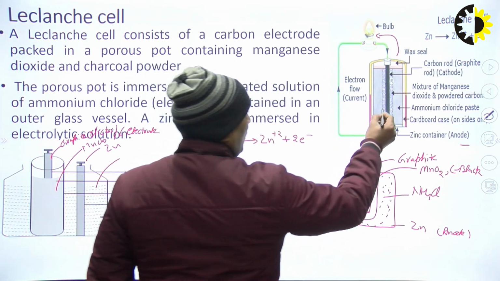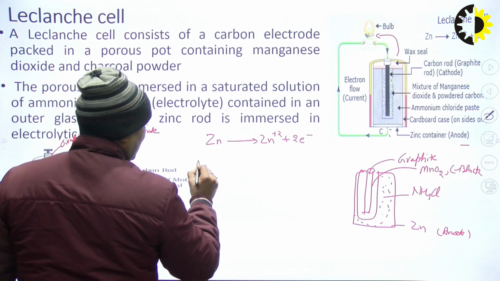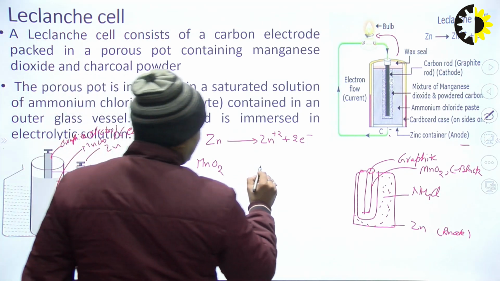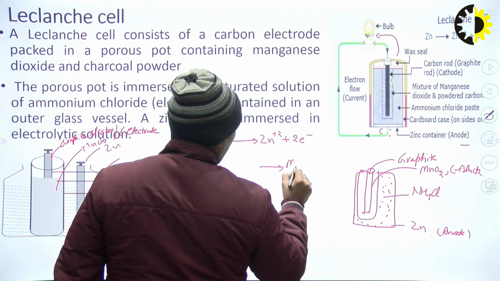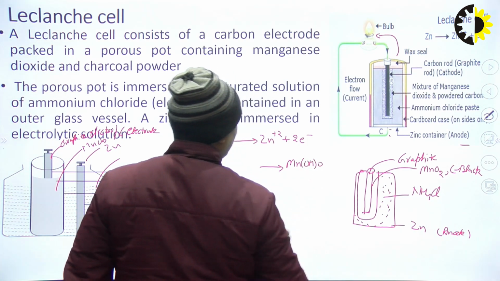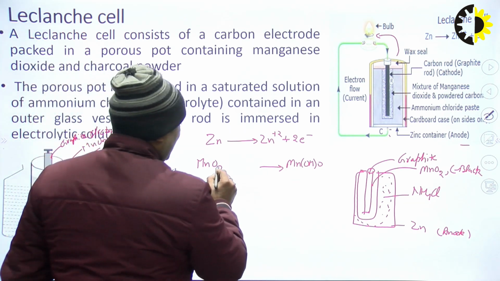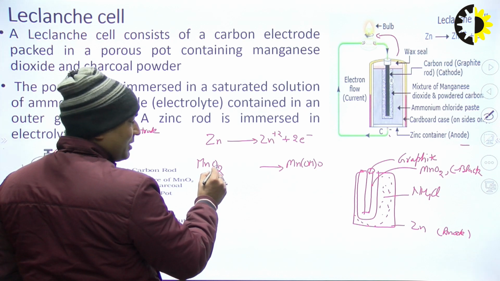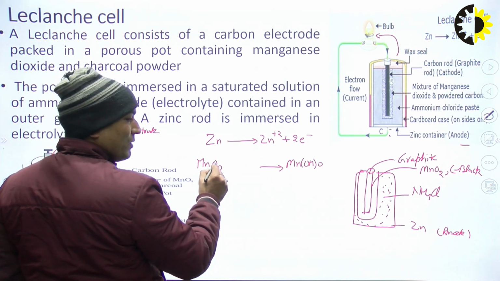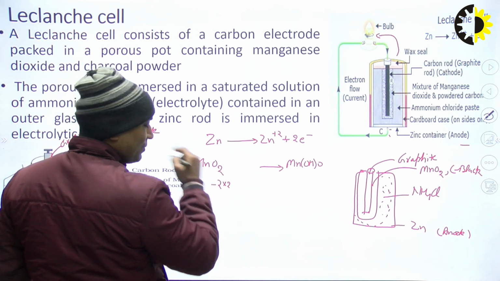While on the cathode, what is going on? This MnO2 is converted into MnOOH. So here you can see the change in oxidation number. Here the oxidation number of oxygen is -2 into 2; -2 is the charge of oxygen multiplied by 2 atoms.